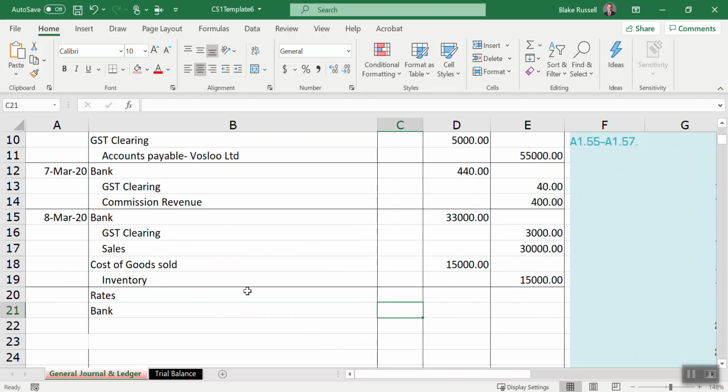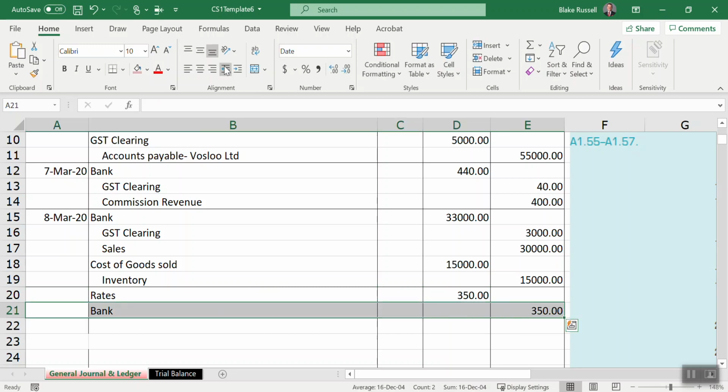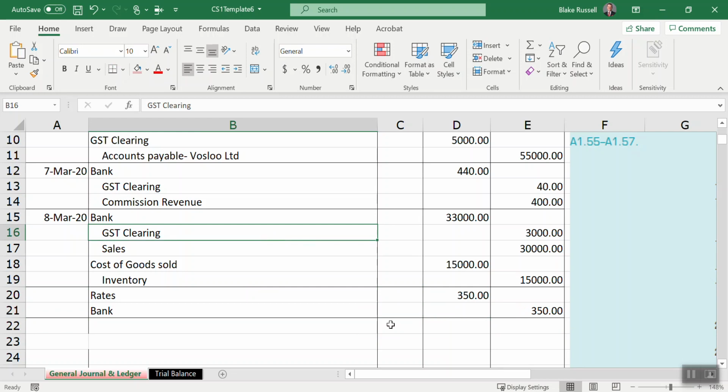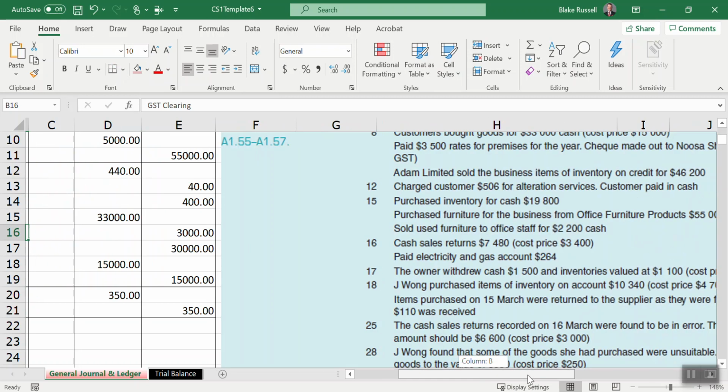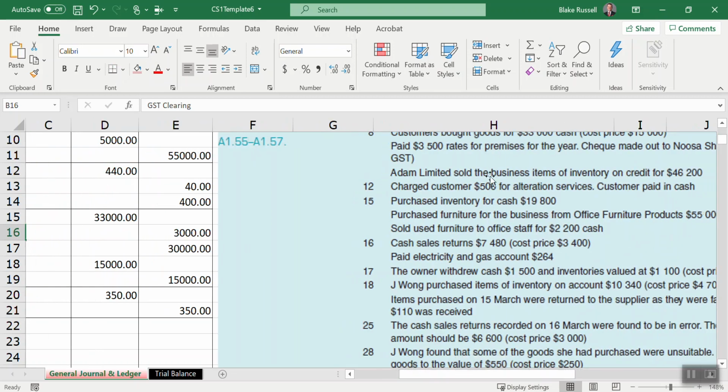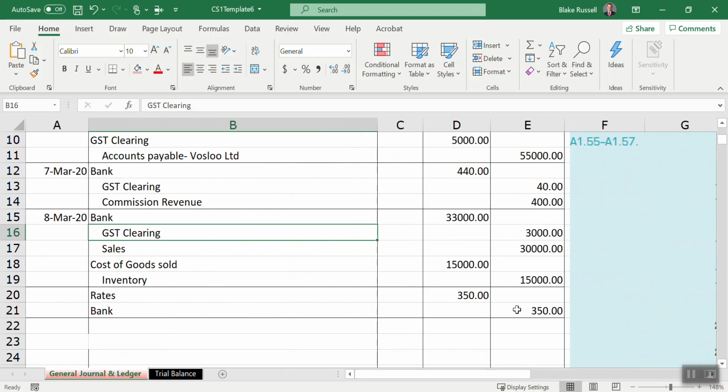Whatever we're paying, we just need to identify what the money's for. It's $3,500. Said no GST, don't have to do it. Underline, bingo. So expense account rates, and the asset account of the bank is decreasing, so it'll be credit.